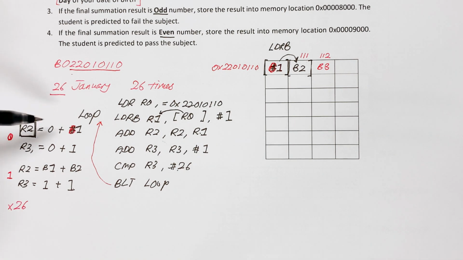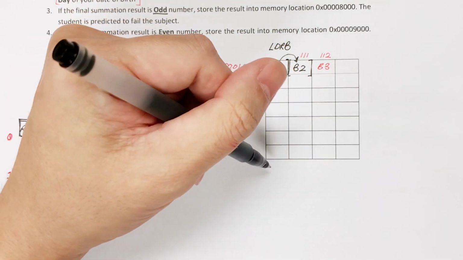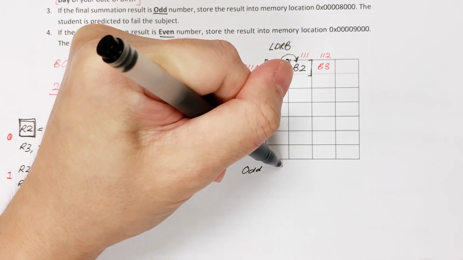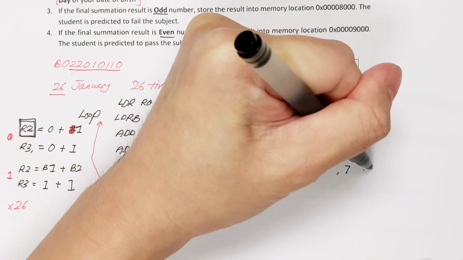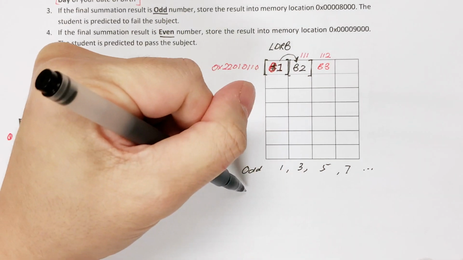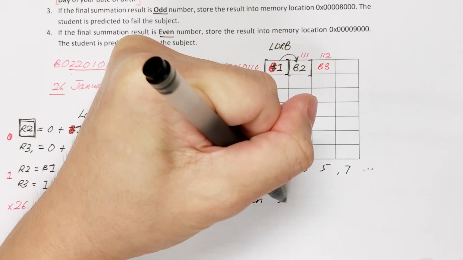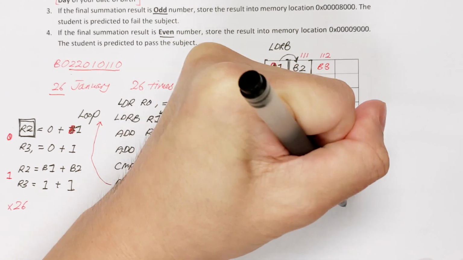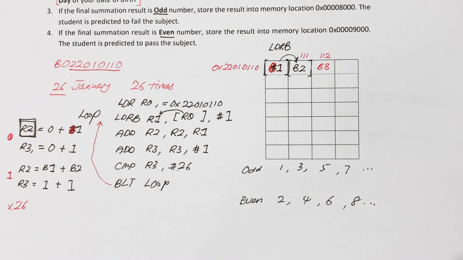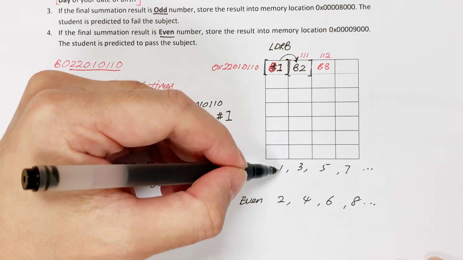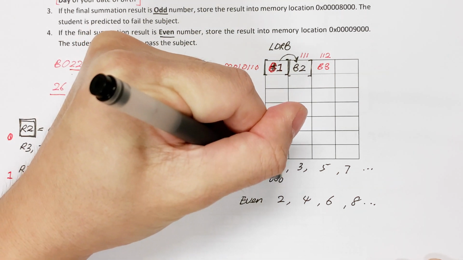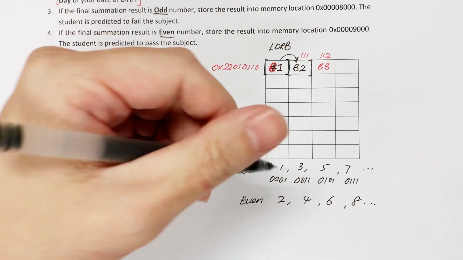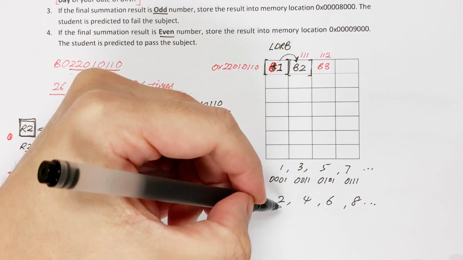If we look into the numbering system, the odd numbers are basically 1, 3, 5, 7, and so on. And the even numbers are 2, 4, 6, 8, and so on. If I convert the decimal numbers into binary, this one will become 0001, and the same process for even numbers.